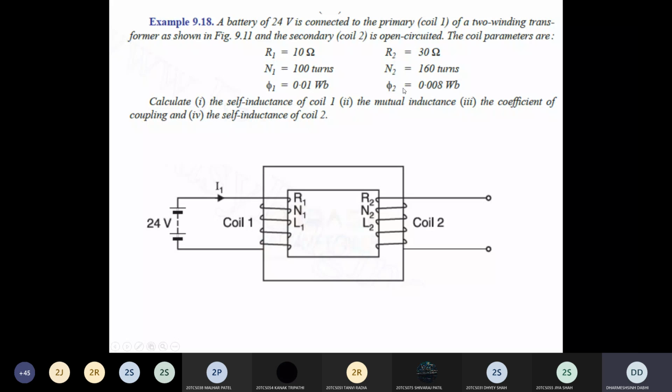This flux is nothing but some portion of the flux phi 1 which is produced in coil number 1, because there is no current flowing into coil number 2, so there is no way for coil number 2 to produce flux by itself. So this phi 2 is the flux linked with coil 2 because of the current flowing into coil number 1. So we can say that this phi 2 is a fraction of phi 1, or that phi 2 is nothing but phi 1 2.